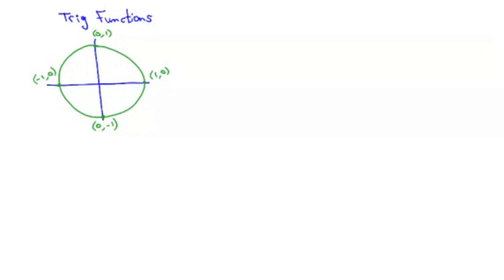We also talked about defining the trig functions based on the central angle of this circle, and how this coordinate has to be cosine of theta, sine of theta. That's how we're defining our cosine and sine, based on the angle of opening from the initial side to the terminal side of theta. These coordinates are cosine theta, sine theta. And the equation of this unit circle, if you remember, is x squared plus y squared equals 1.